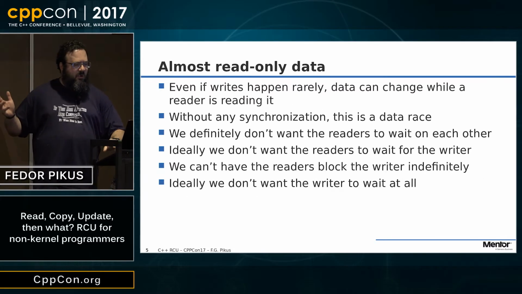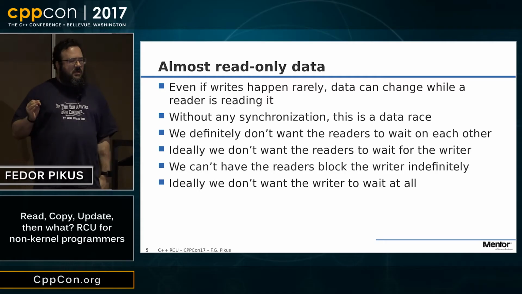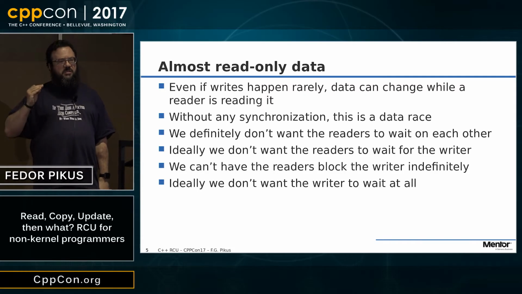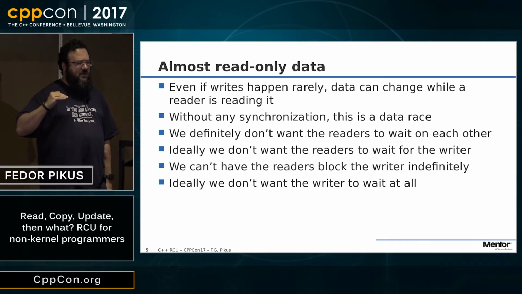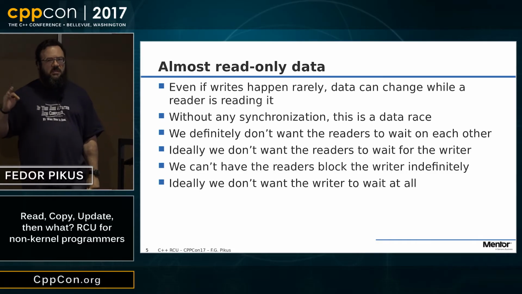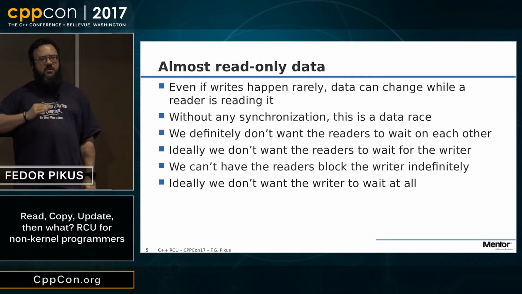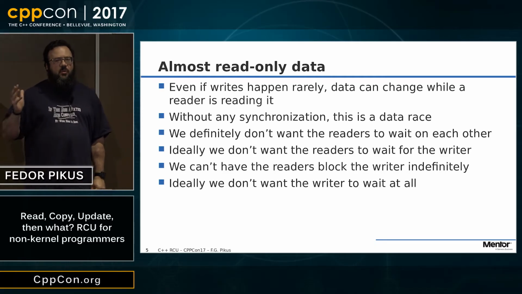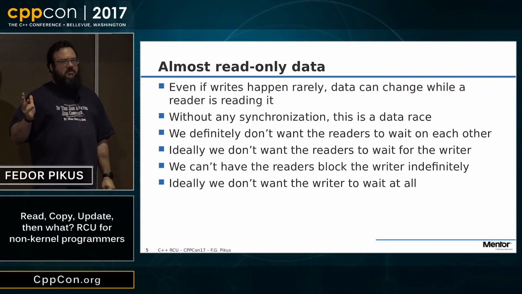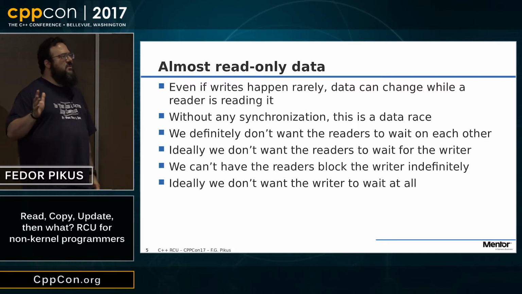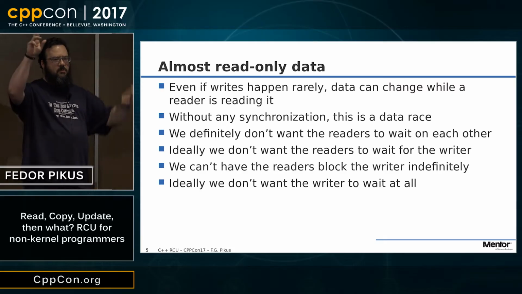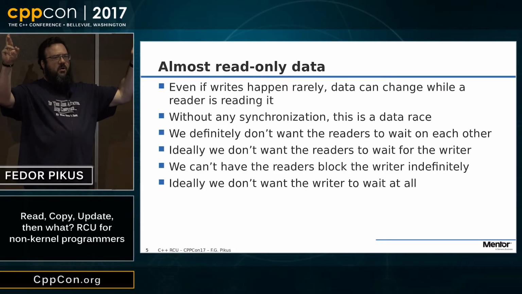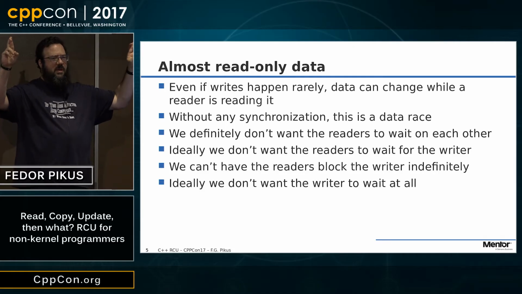But there is a problem getting there, because even if writes happen very rarely, there is a potential for the race condition, which is somebody is reading while you're writing. And if you don't do anything about it, it's a data race. And if you don't do anything about that, well, technically you are in an undefined behavior world. How often have any of you seen the simple solution to it, which is, it's once per hour, let's hope it doesn't happen while I'm running.